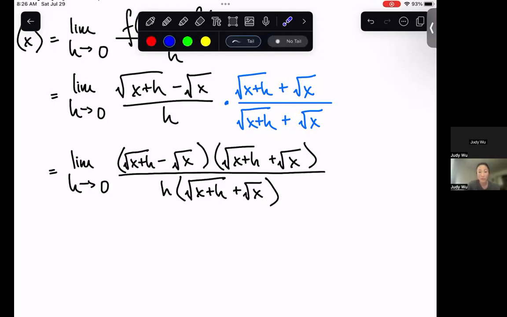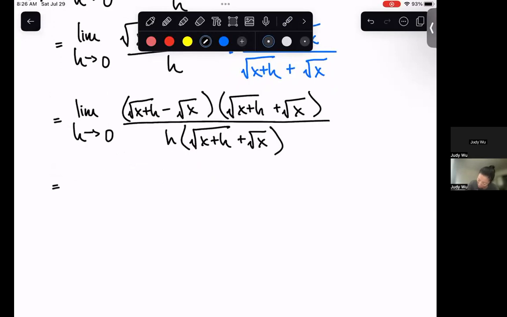Now, one thing I notice is that sometimes students get to this stage and they're like, oh, well, Judy, these two cancel out, right? And that's true, but if you cancel them out, you're going to get right back where you started. So although it's mathematically accurate to do that, probably not the best decision to go forward here, right?